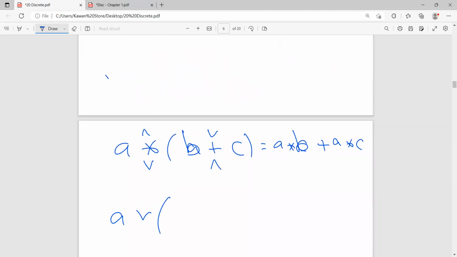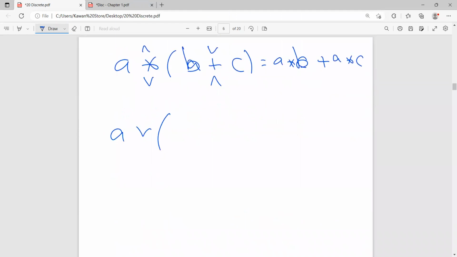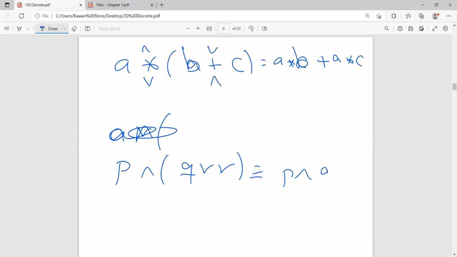In the previous one, what did you have? Or. So now I'm going to change it to and. P and (Q or R) is equivalent to what? Yalla, use the distribution. Yes, P and Q, right? Or P and R, you are right. Understood. Easy. So you don't need to memorize it.